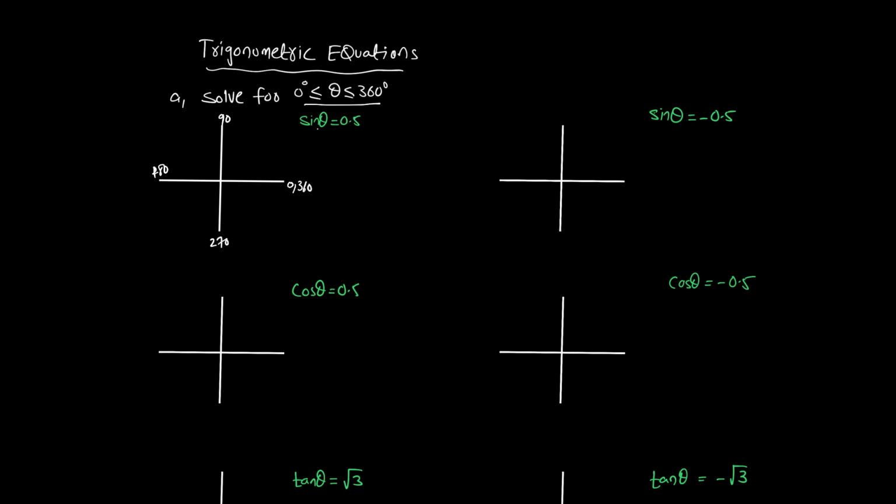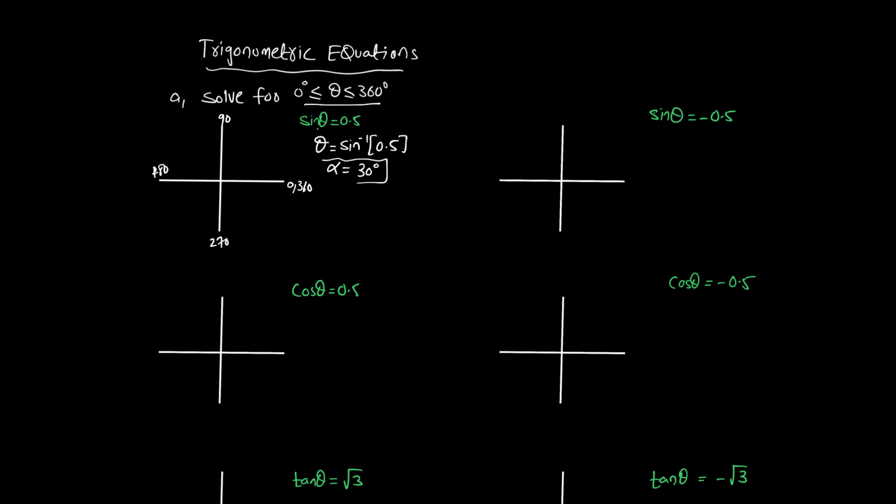Sin theta has a ratio of 0.5. So in order to find the value of theta, you will take sine inverse of 0.5, and sine inverse of 0.5 would give you the basic angle. Okay, so the basic angle would be sine inverse of 0.5. You can also use your calculator, or by now you must know that sine inverse of 0.5 is 30 degree. This means that the basic angle is 30 degree.